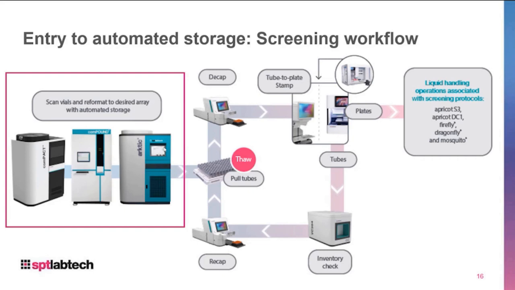We have customers across industries, some very large-scale compound management customers doing large-scale screens, and some on a smaller scale, but that ability to reformat in an automated way and plug almost directly into downstream processing can be quite a value add.